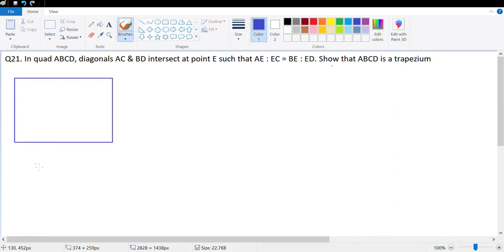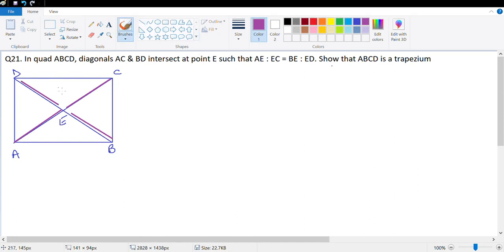So this is A, B, C and D. The diagonals intersect at point E, such that AE upon EC, which are these lines, is equal to BE, which is here, and DE, which is here. So these are the two lines which are in ratio, and we need to prove that ABCD is a trapezium.